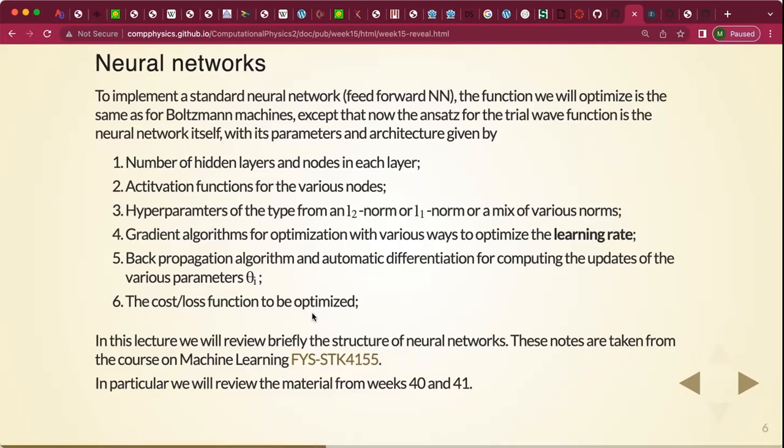They're actually very user-friendly. And that could be one way to actually solve the optional problem. If you want to study neural networks more, you can go to the lecture notes in Physics FYS-STK4155. And if you click on the link here and go to weeks 40 and 41, you will find the basic layout and setup of a neural network code.